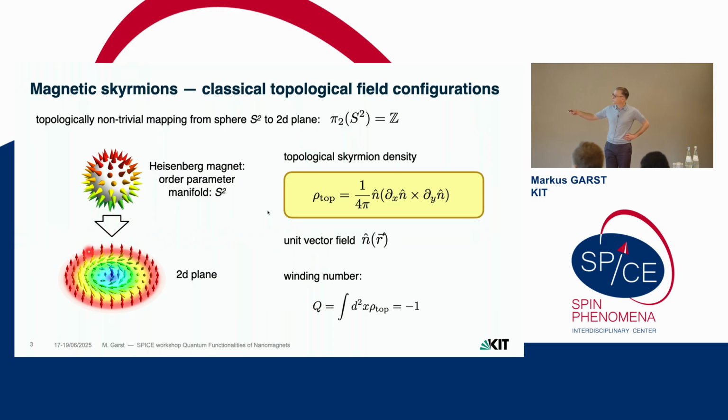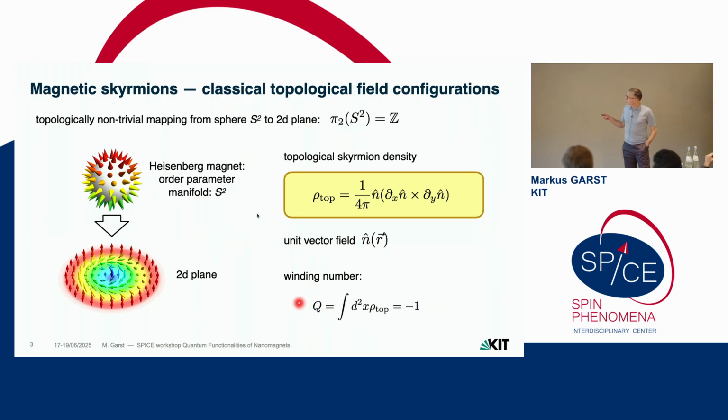I map the south pole to the center and the north pole to the rim, and then I get a two-dimensional configuration of a magnetization that covers all of the two-sphere of the order parameter manifold. There is also a mathematically non-trivial homotopy group associated with that: pi_2(S^2) is the group of integers, which means I can label these configurations with an integer winding number.